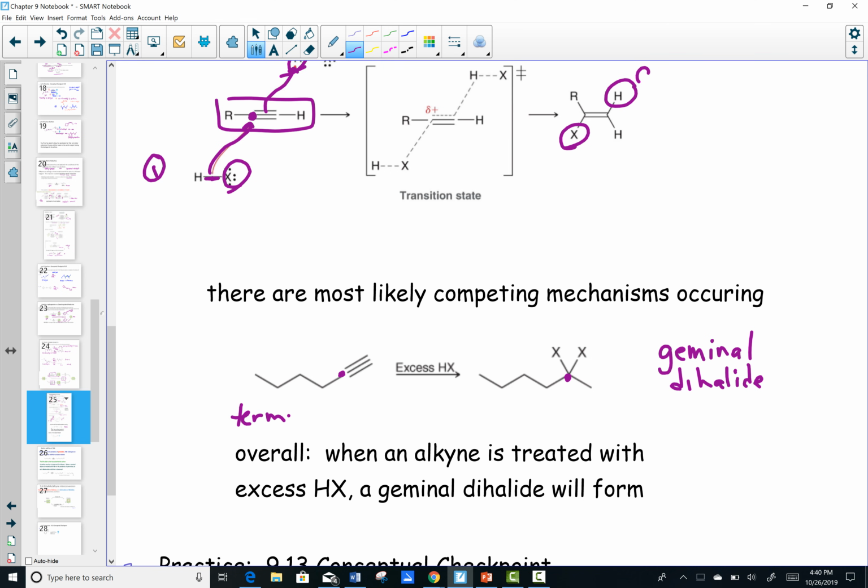Notice what I'm saying there in terms of terminal alkyne. That tells me that the triple bond is at the end of the carbon chain, between carbon 1 and 2. That's a terminal alkyne. And so when I'm looking at Markovnikov's rule, at carbon number 2, the interior carbon, the second carbon is the site for attachment of those halogens.